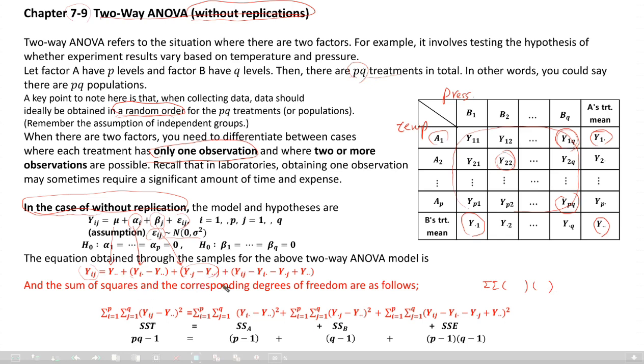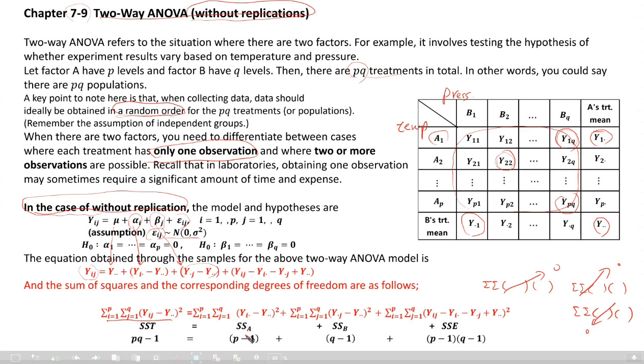So there are three cross product terms. Sum up, these cross product terms are going to be 0. It is amazing, interesting. Okay, so only these terms are left. We say total sum of squares. This one is what?